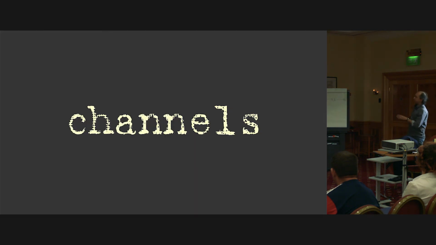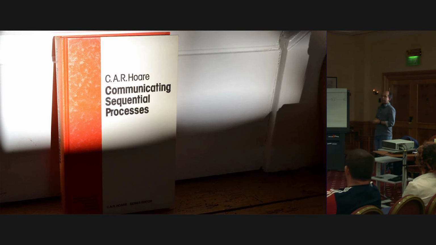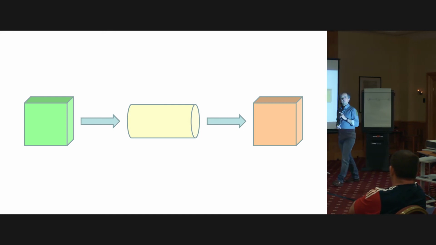Now, this really kind of kicked off with work on channels. A lot of this stuff we credit Tony Hoare, CSP, Communicating Sequential Processes. This was the basis of the Occam language that I mentioned in that quote earlier on. Now, channels have an interesting thing. The terminology is sometimes appropriated to mean different things, but strictly speaking, a channel really is one-to-one.